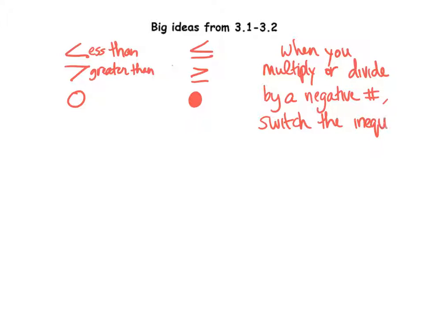So the inequality changes directions. When you multiply or divide by a negative number, you switch the inequality. That's up on the board, green and pink. Big ideas.